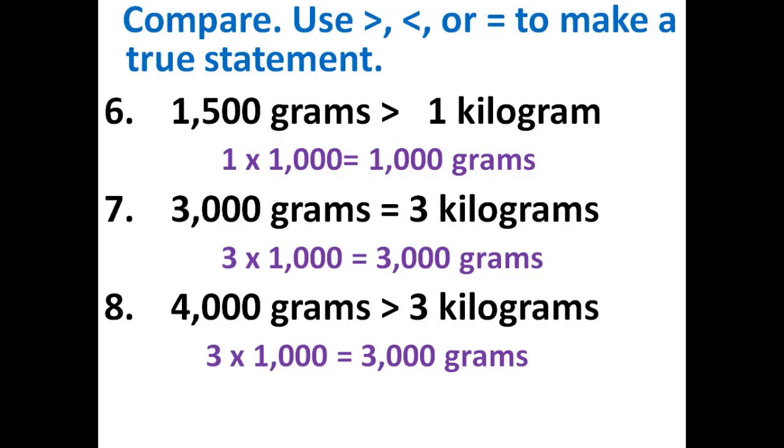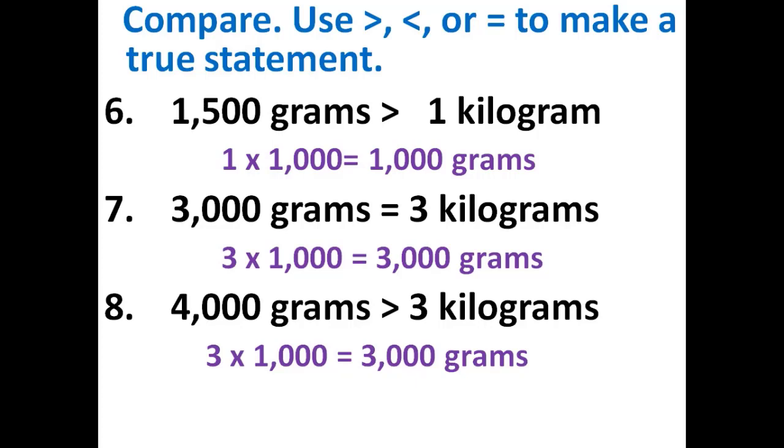Next is 7. 3000 grams on one side and the other side is 3 kilograms. Now we will change 3 kilograms into gram and then we will decide they are equal or greater or less.